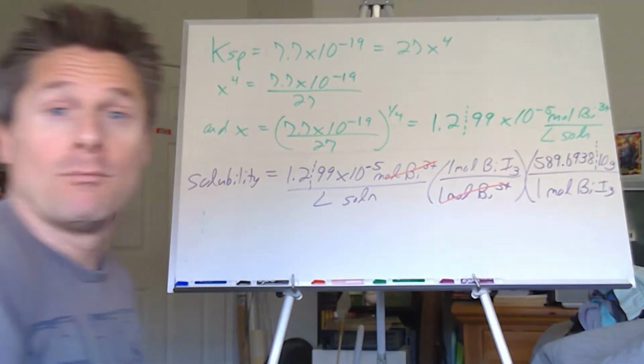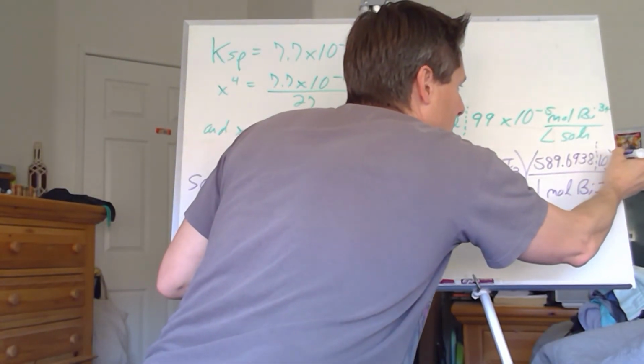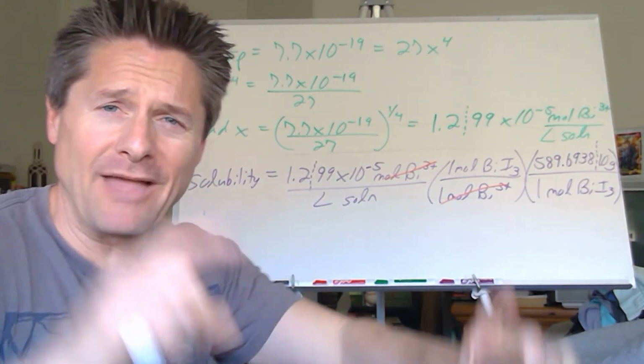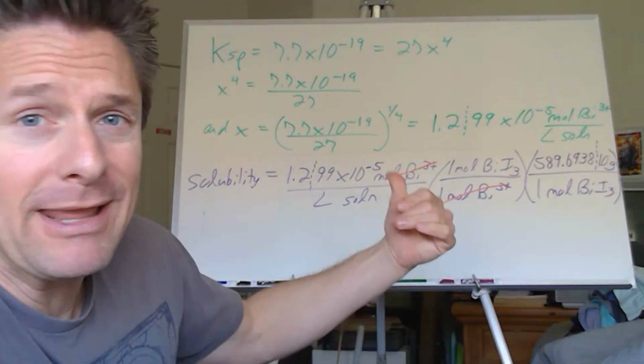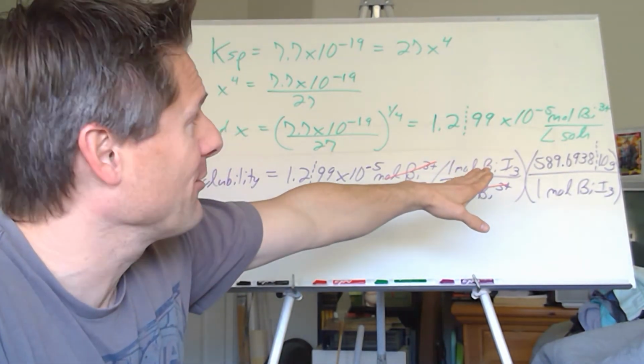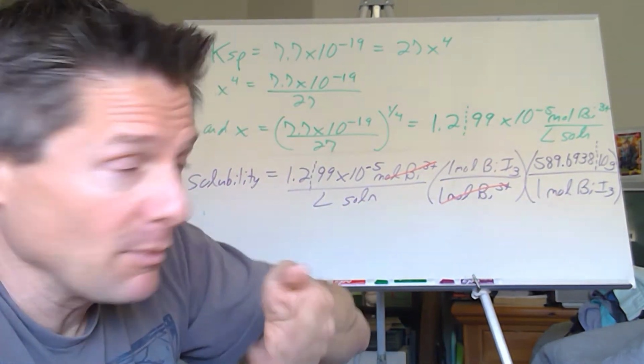Now I ran out of room on my board there. Happens a lot in regular lecture too, but I've got the double screen in my big lecture hall. I only have one board here. That's all I can fit. So 589.693810, good to 4 decimal places.